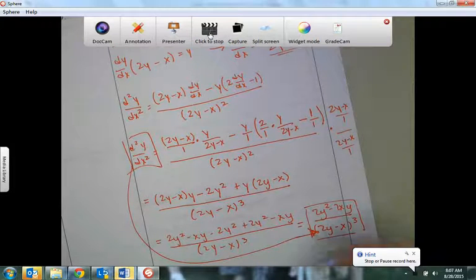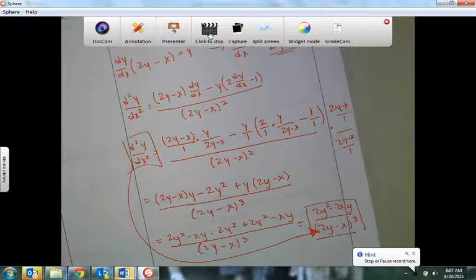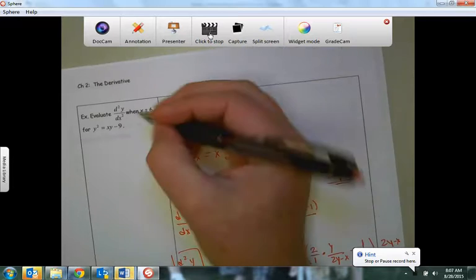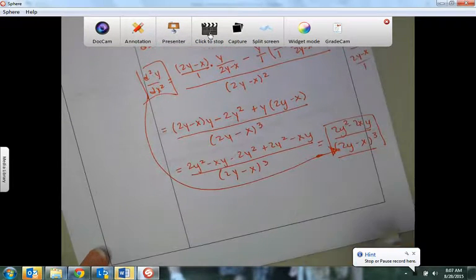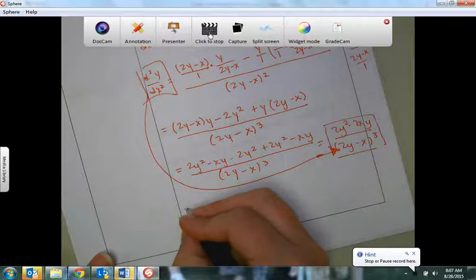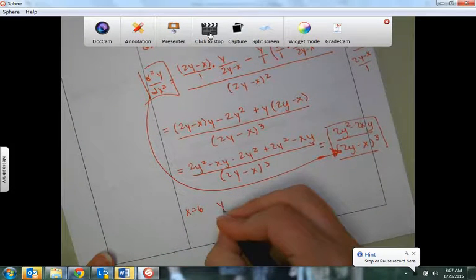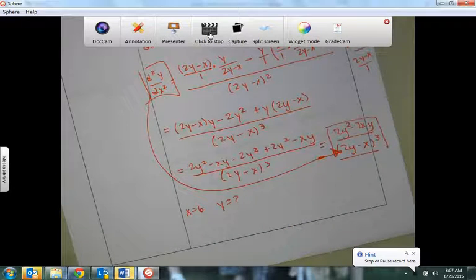Woohoo! But I want, in the directions, to evaluate it when x is 6. So when x is 6, oh no, what is y? So I'm going to have to find what that is.